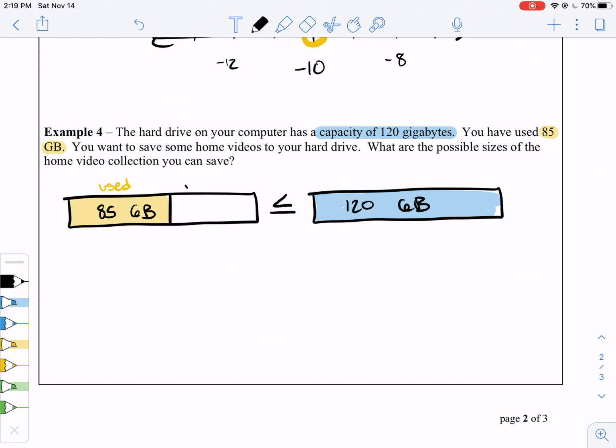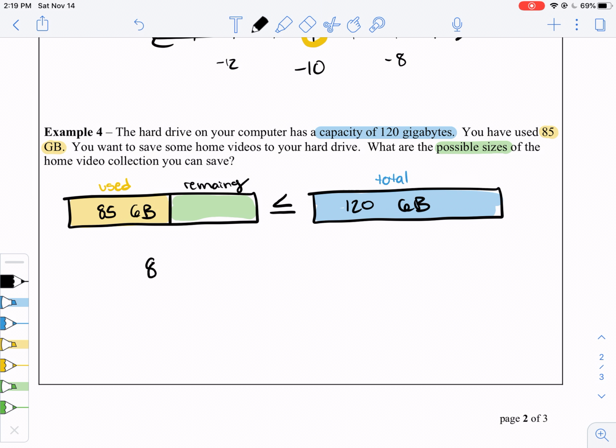And then we have remaining for videos. Let's make it green. So how much memory is remaining? What are possible sizes of videos? Oh, and 120 is blue. Is our total. Memory remaining.